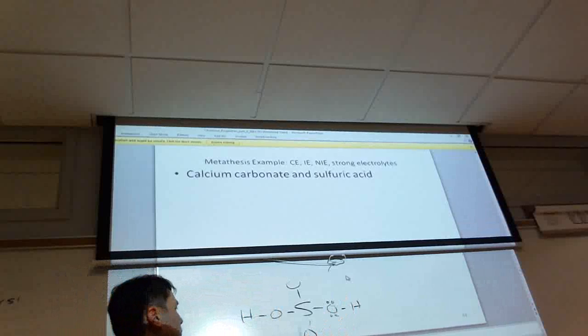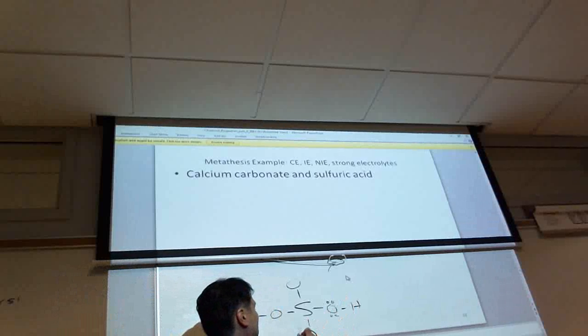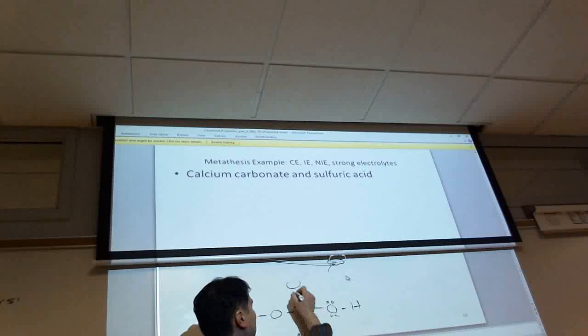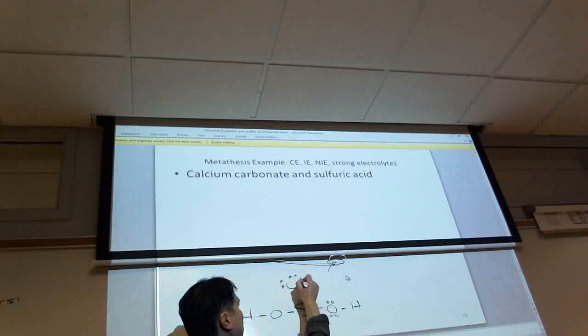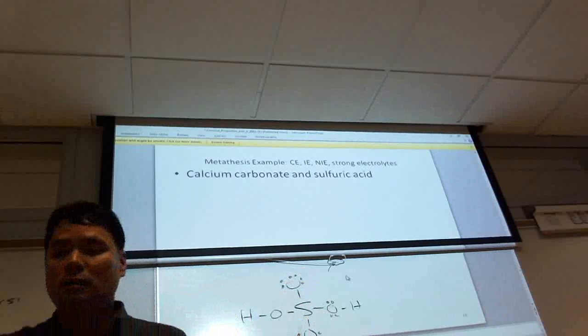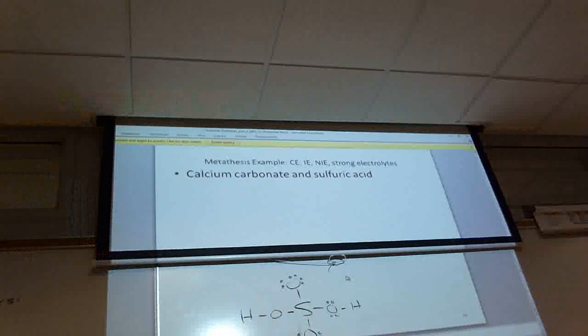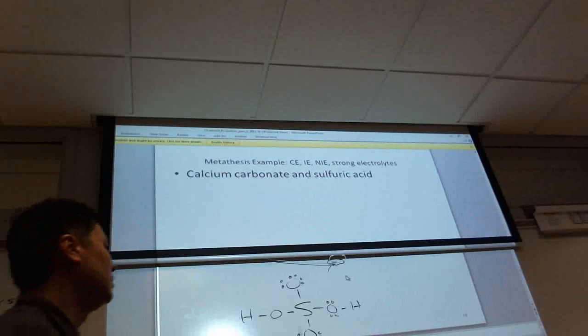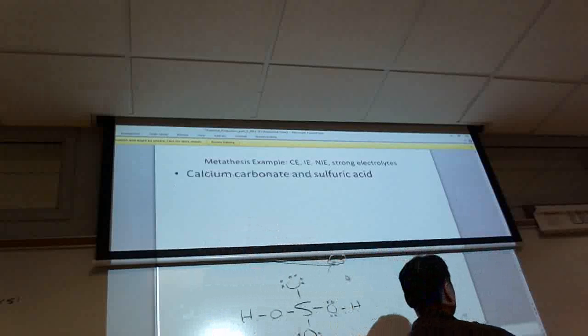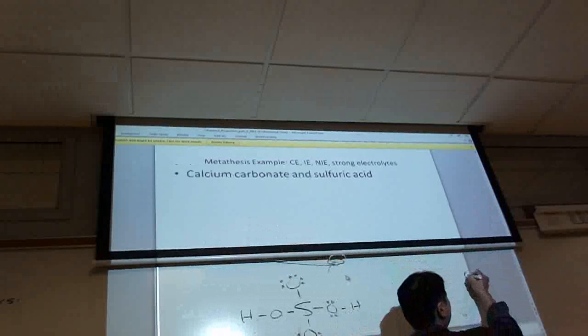Now, we have some choices here, and we could leave sulfur with an octet, but if I go to Wikipedia and look at the structure, Wikipedia has this.